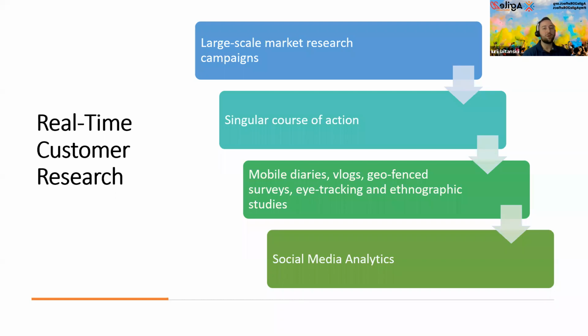We also use blogs, geo-fenced surveys that allow us to send surveys based on the customer location, as well as eye tracking and ethnographic studies. So this is basically it. It allows us to have a real-time picture of what's going on with our customers.